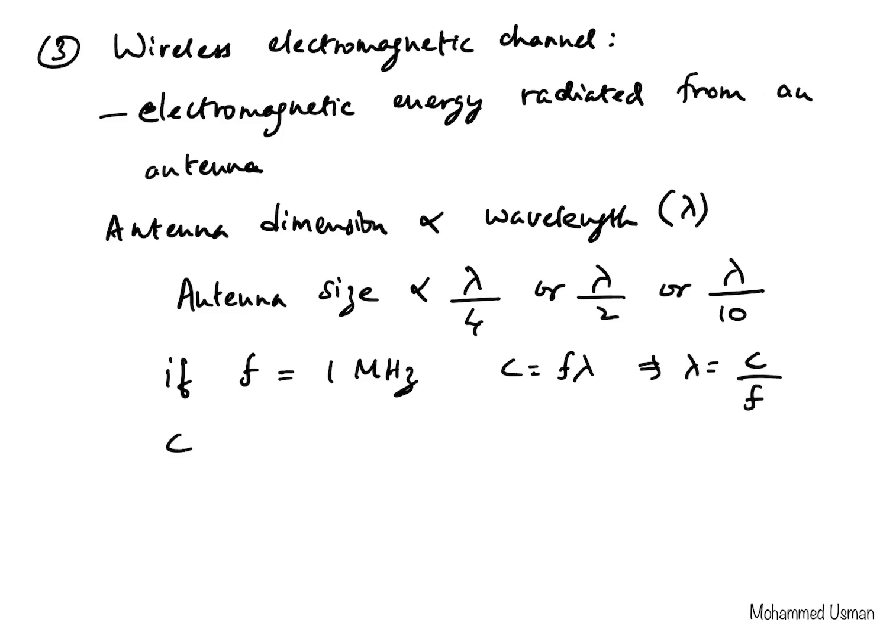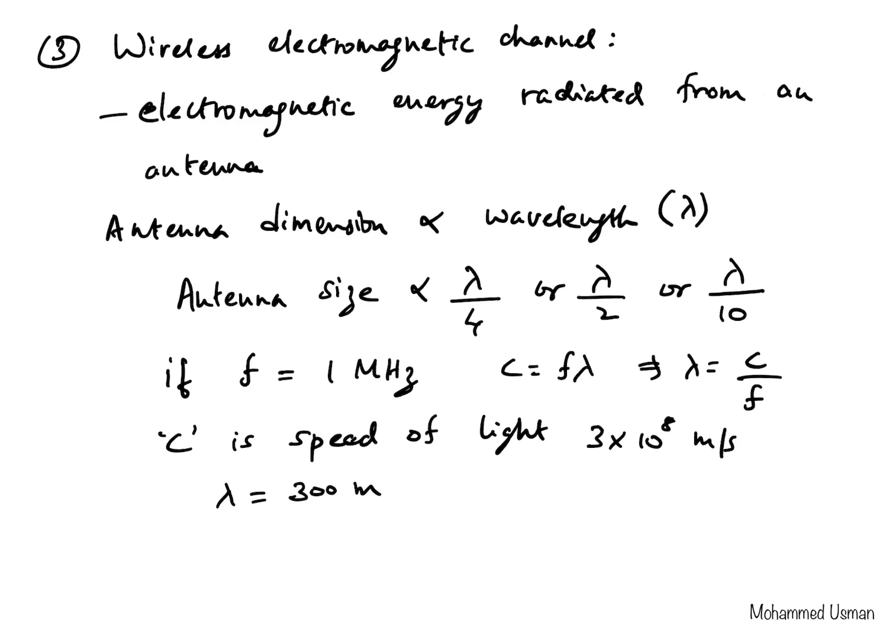So c is the speed of light, which is 3 into 10 power 8 meters per second. And with that relationship, for a frequency of 1 megahertz, that corresponds to the wavelength being 300 meters.